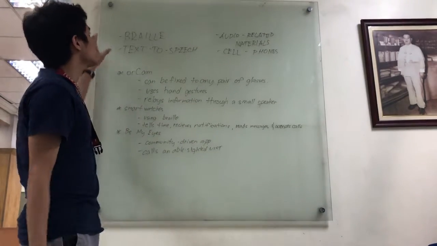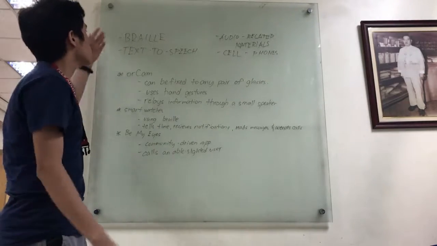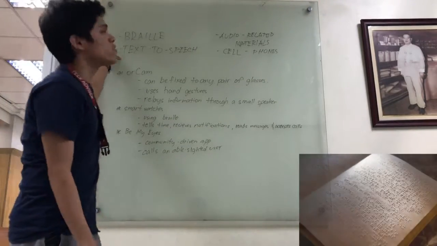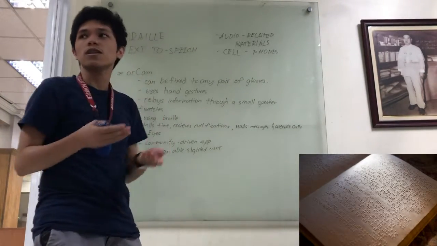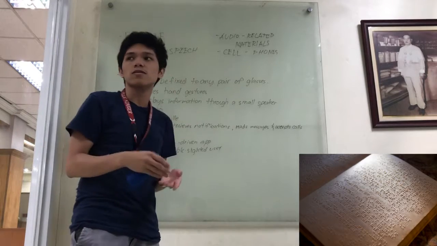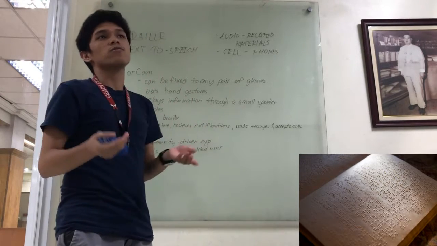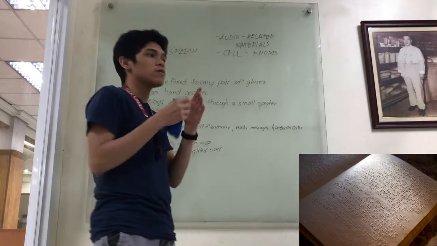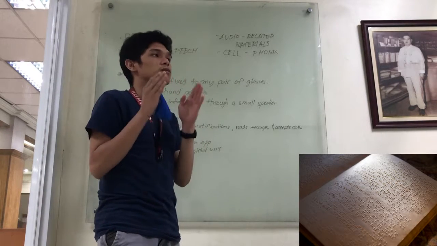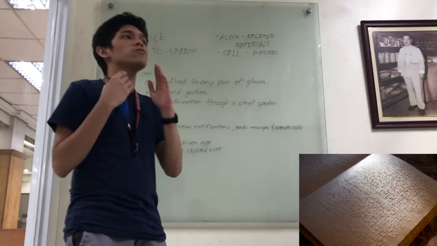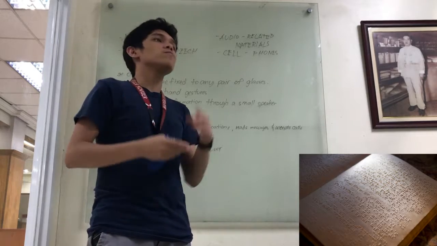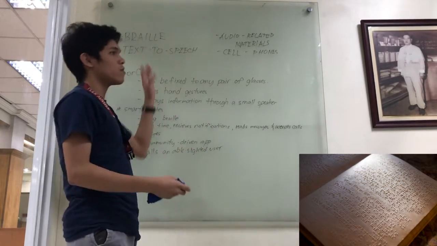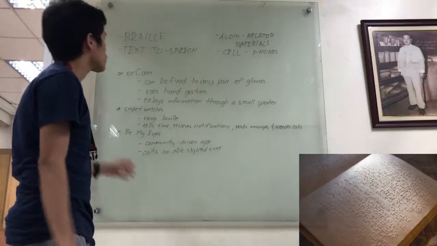First we have, of course, the infamous Braille language, which is basically a pattern of dots that, when touched or felt by these people, if they know how to read the language, would be able to relay information to them through the use of small bumps and such things.